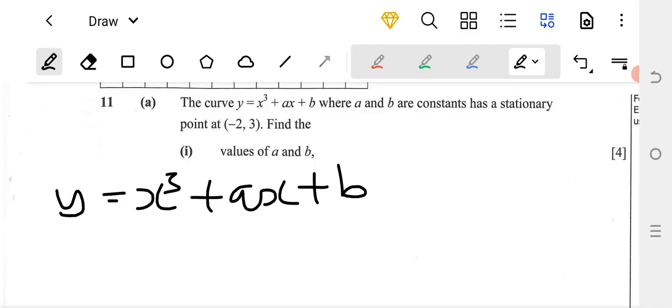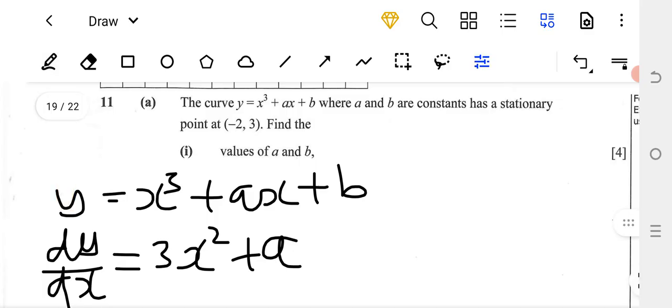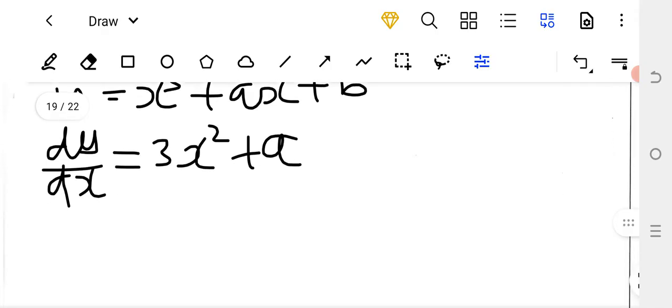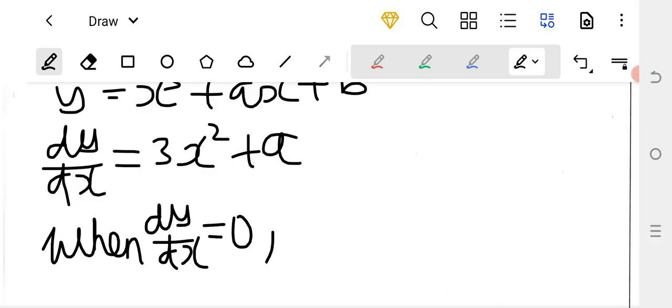What are we going to do? We're going to say dy/dx is equal to 3x squared plus a. And then they are saying at the point negative 2, 3. So when dy/dx is equal to 0, x is equal to negative 2, I believe.